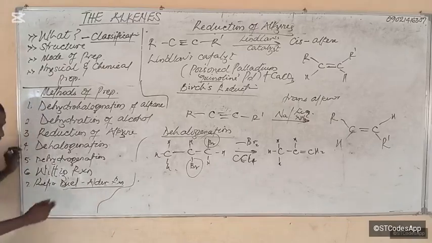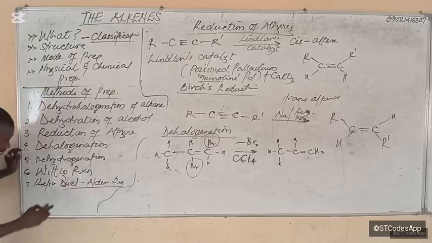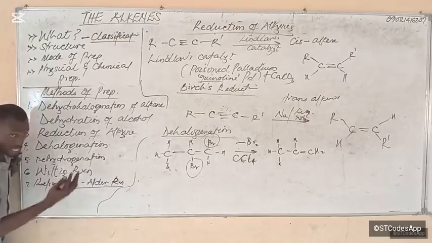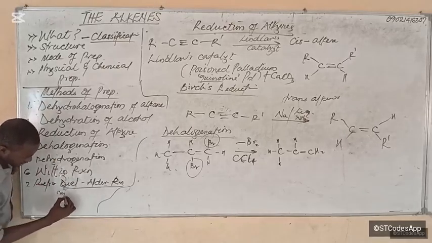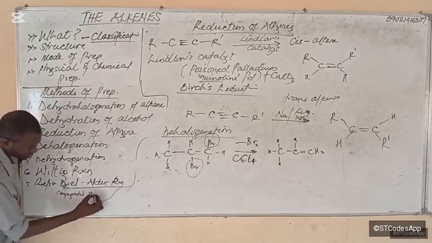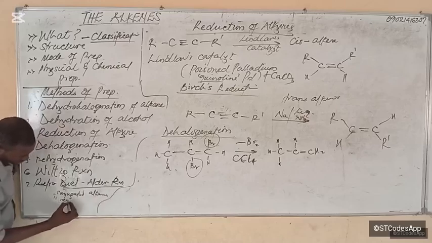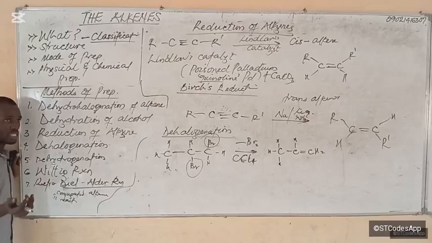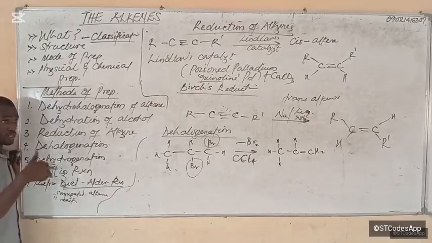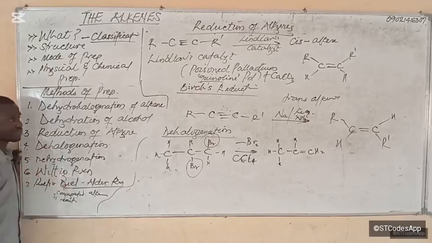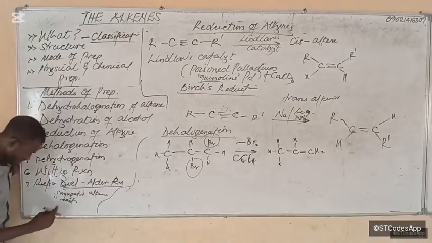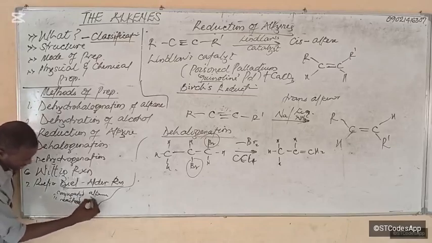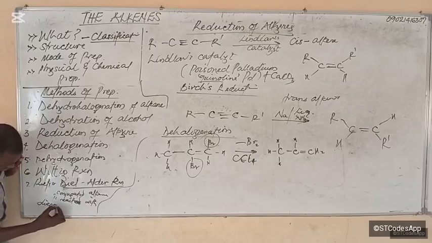But just for your further reading, a conjugated alkene, for example 1,3-butadiene, is reacted with a dienophile.